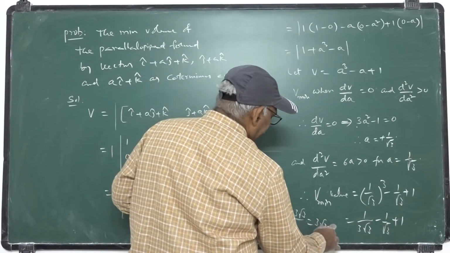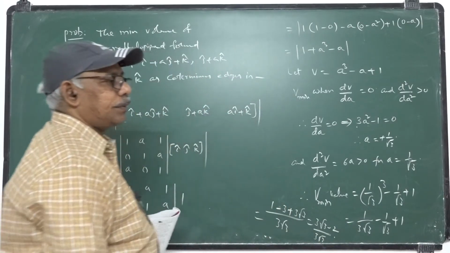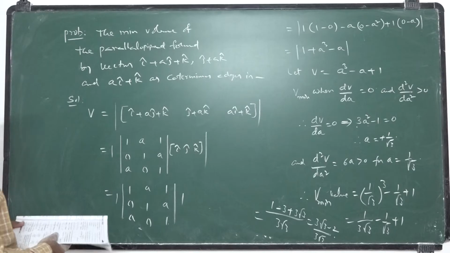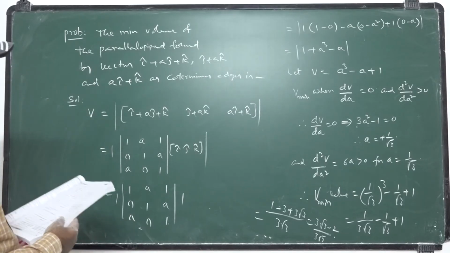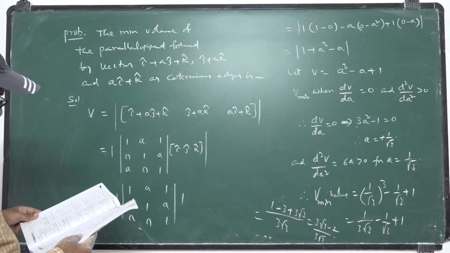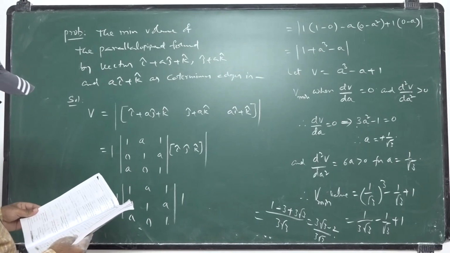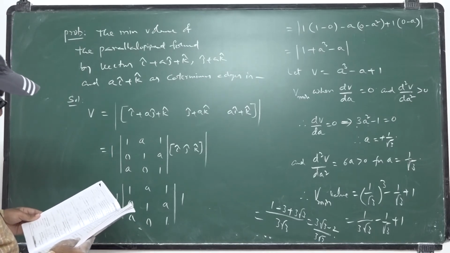This is (3 root 3 minus 2) by 3 root 3. The minimum volume of the parallelepiped having coterminous edges as these vectors is (3 root 3 minus 2) by 3 root 3. This was given in AP EAMCET 2017, EAMCET 2017 problem.